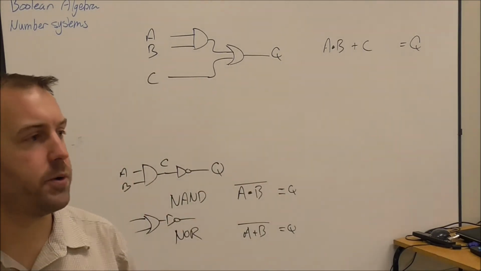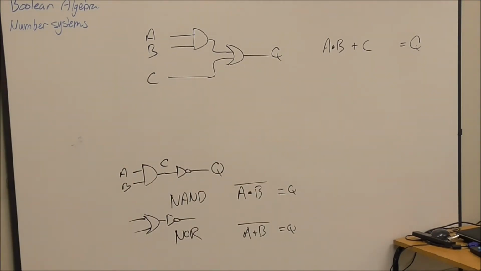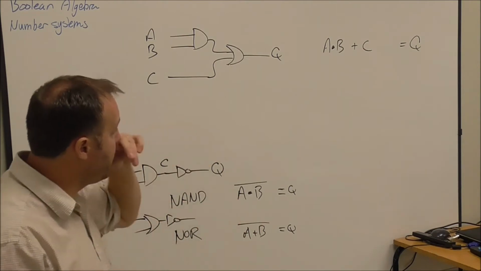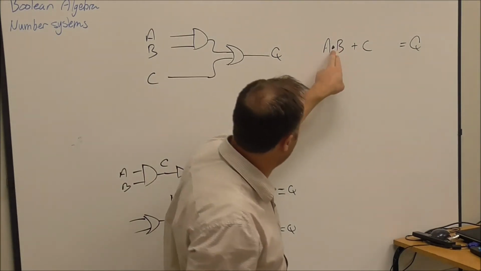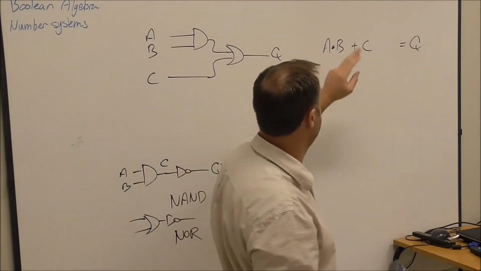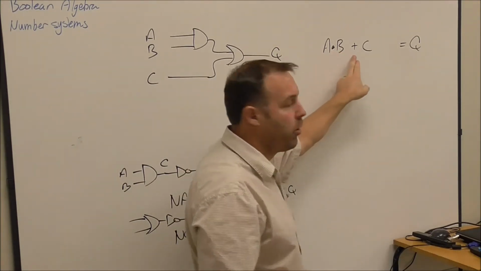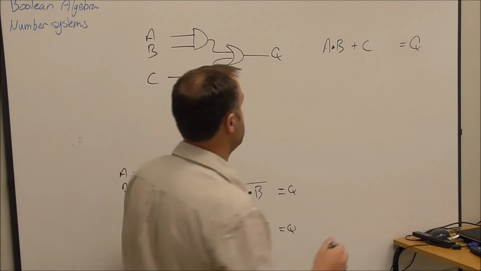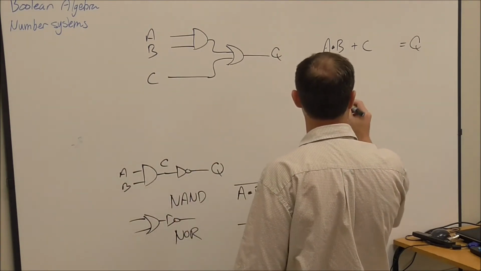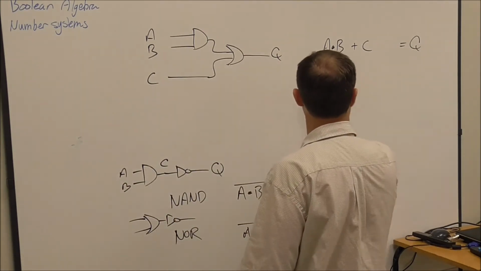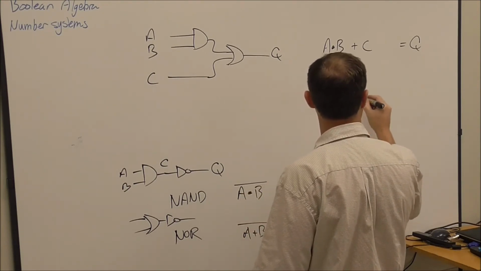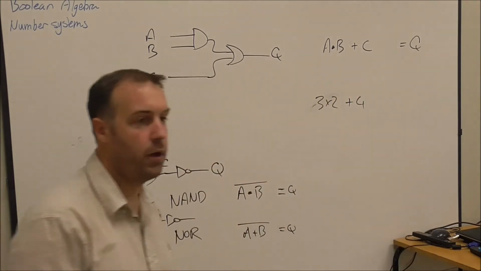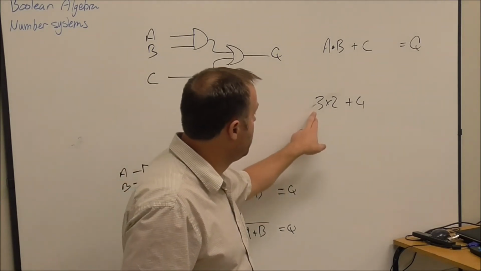Now remembering before I was saying there's an order of operations, that means if I were to think of the AND being like a multiply, and the OR being like a plus. Let's do an example, 3 times 2 plus 4. Well, how would you do that?